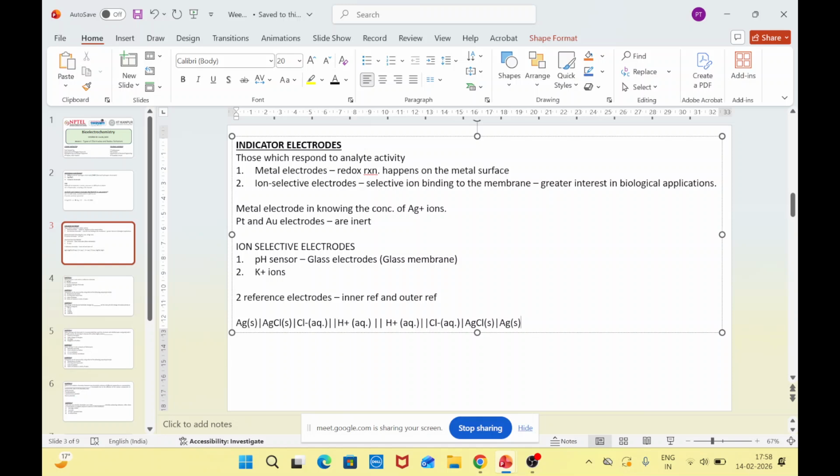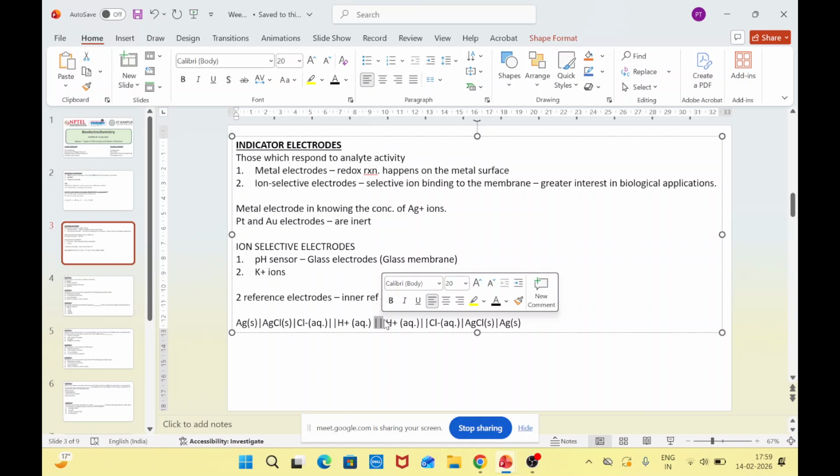In this line diagram, the part on the left hand side refers to the outer reference electrode, and the part on the right hand side is the inner reference electrode, and both these reference electrodes are separated by the glass membrane.